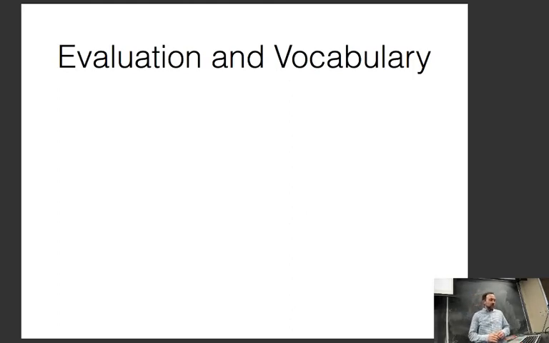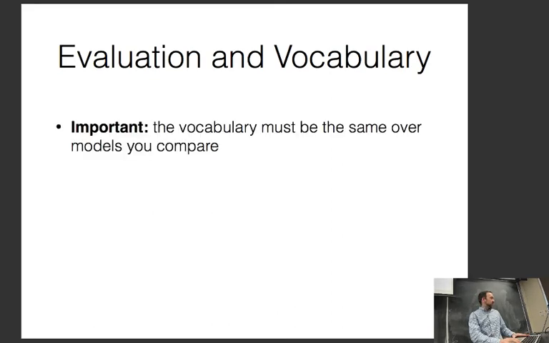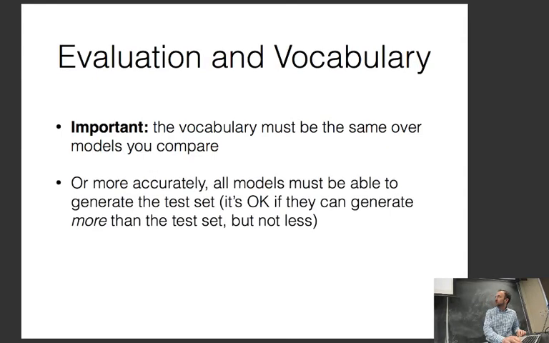One point is that when you're evaluating these language models, it's really important that the vocabulary must be the same over all the models you compare, or at least all of the models that you compare have the ability to generate all of the vocabulary in the training corpus. For example, if you can generate all the words in the test set, it doesn't matter whether you use a word-based model or a character-based model.